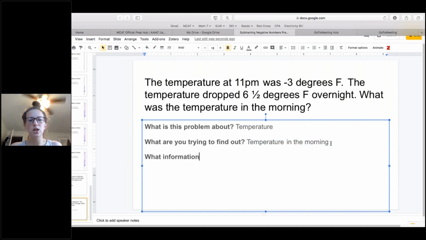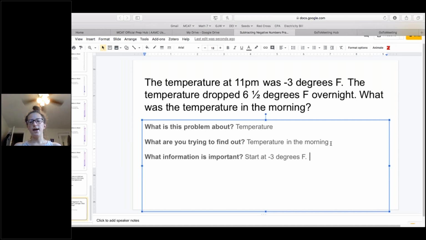What information is important that might help you figure out the temperature in the morning? What do you see in the problem that might guide your thinking? The 3 degrees and the 6.5 degrees. What was the original temperature? Yes, it was -3 degrees. Start at -3 degrees.